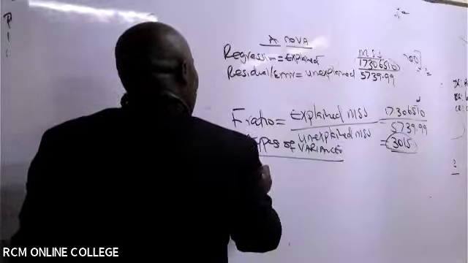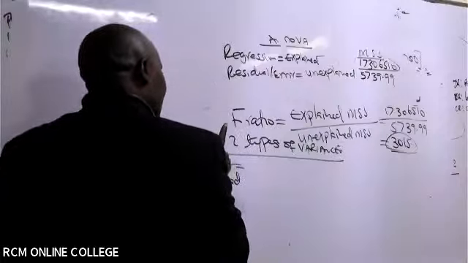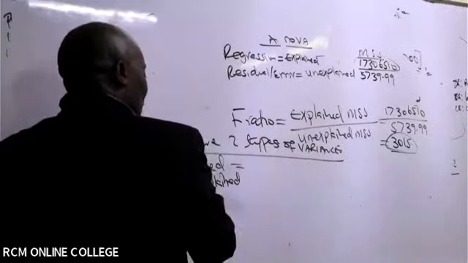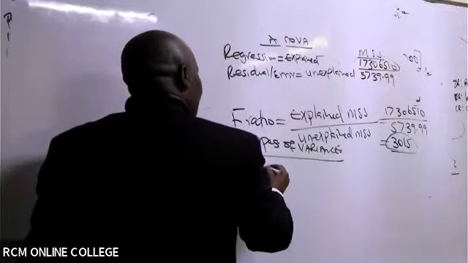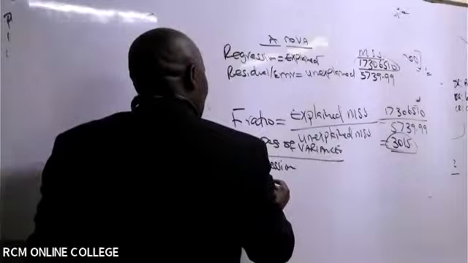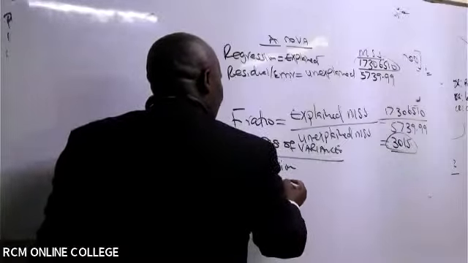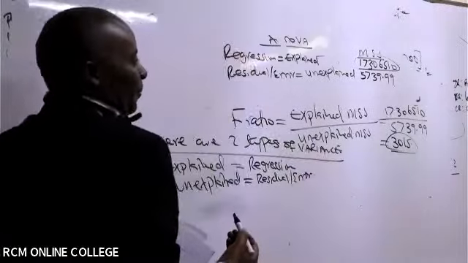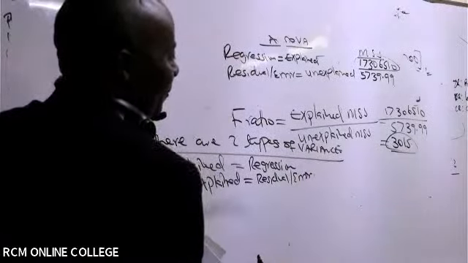The explained ones are the ones regression is able to give us their values. That is why the explained ones, we call them regression. And then we have unexplained, also known as residual, or errors.